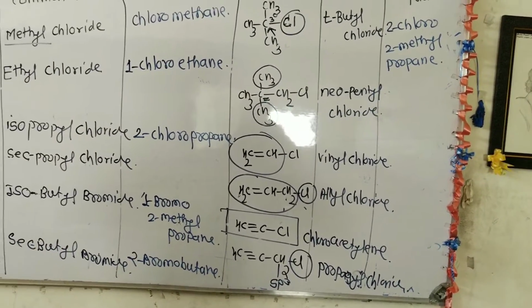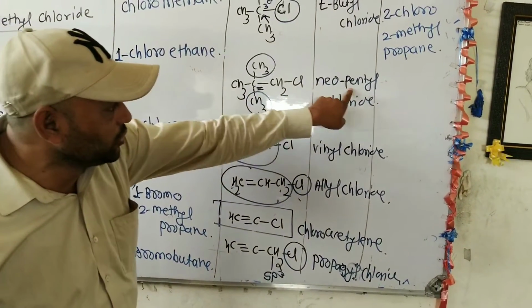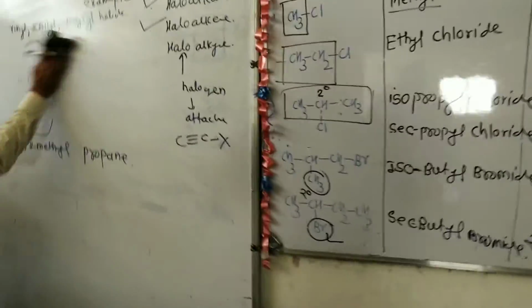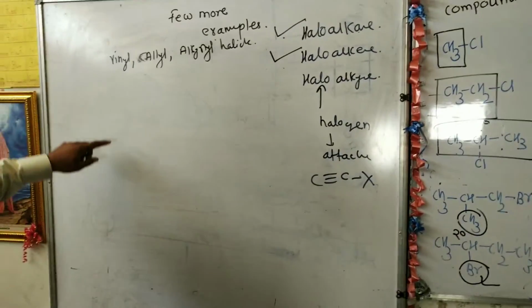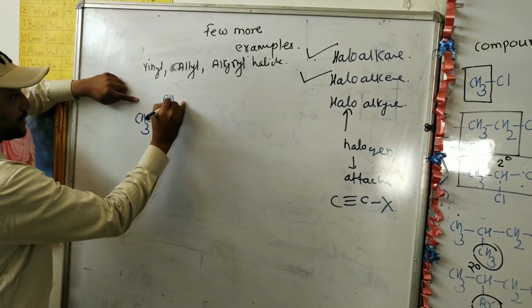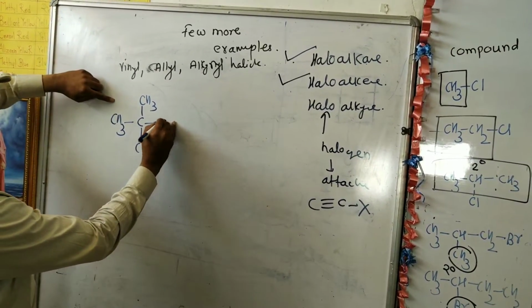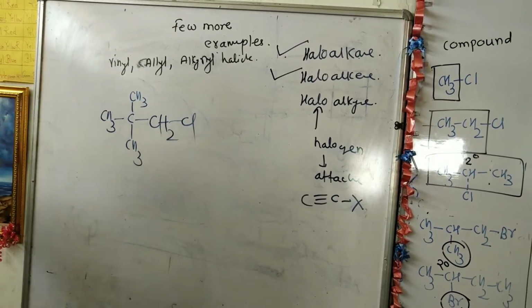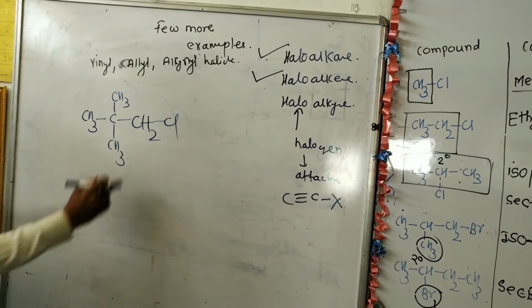Now take the next example, that we call in common name neopentyl chloride. CH3, C, CH3, CH3, and CH2Cl here.